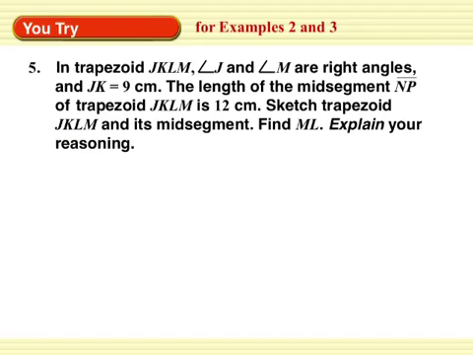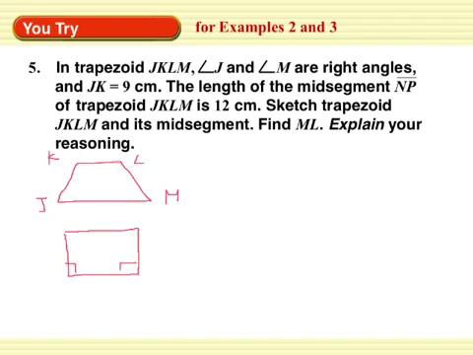Okay, you try. In trapezoid JKLM, angle J and angle M are right angles. Well, I certainly didn't draw that right. That's an L. Whoops. Let's erase this one.